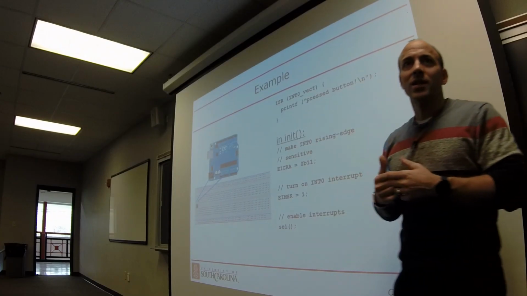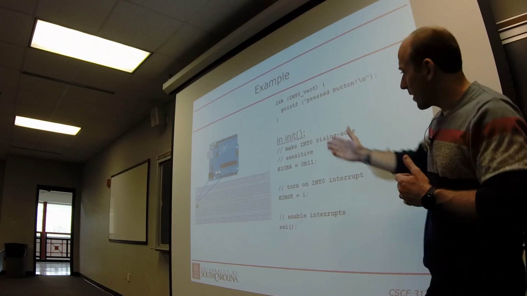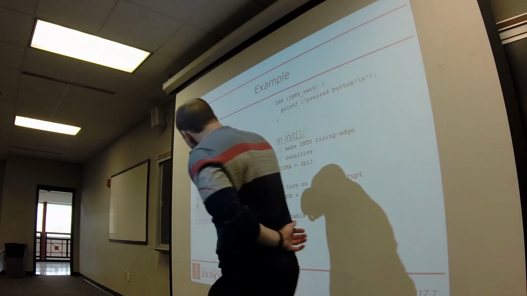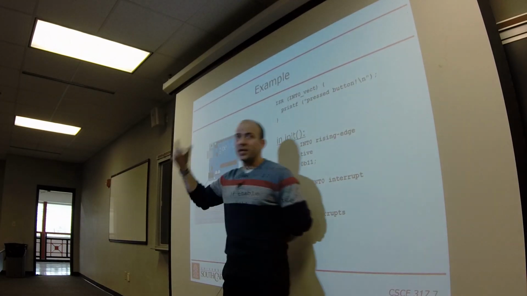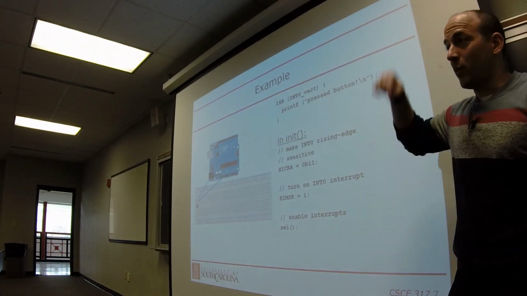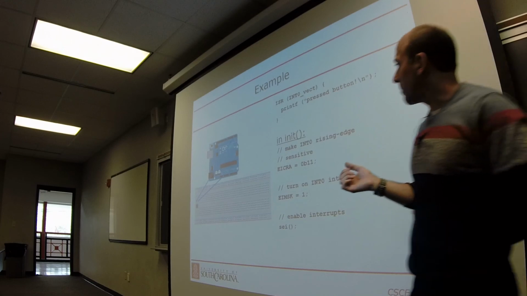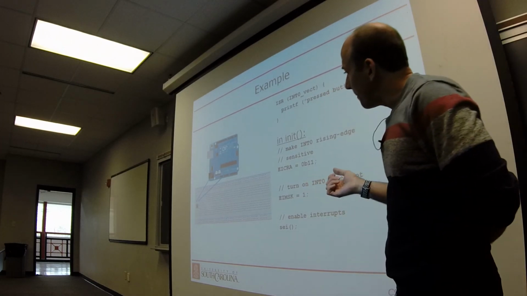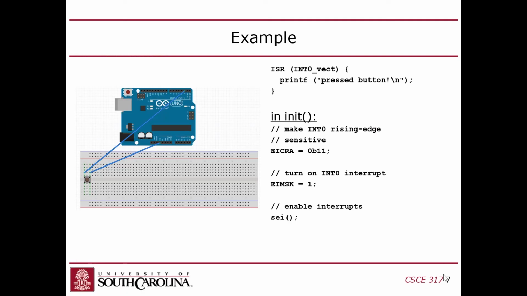There's a better way I could have wired it up where if I wasn't pushing the button, it should have had a resistor to pull that down to ground. And then when I push the button, it would pull it up to 5 volts, but it still worked even in this case. So does that make sense?